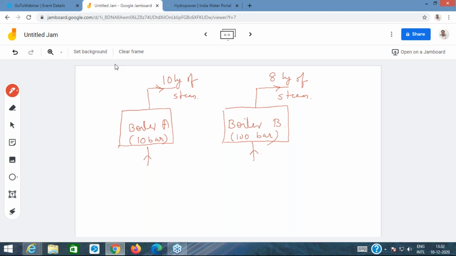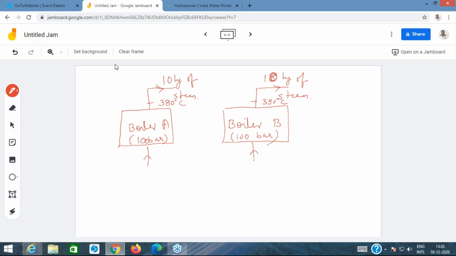Now let us say that boiler A and boiler B both are generating steam at 100 bar, and both are generating 10 kgs of steam. Let us say boiler A is generating 10 kg of steam at 380 degrees centigrade, and B is generating steam at 390 degrees centigrade.